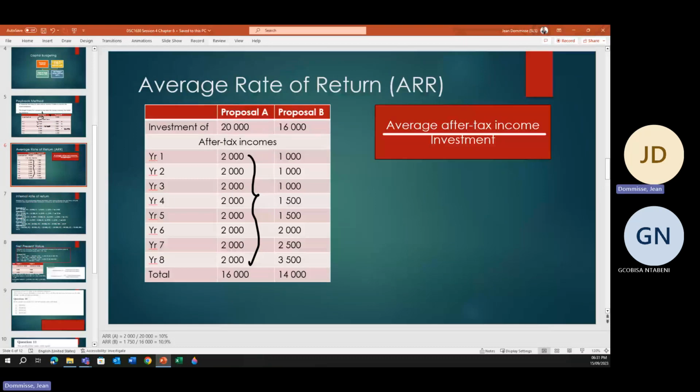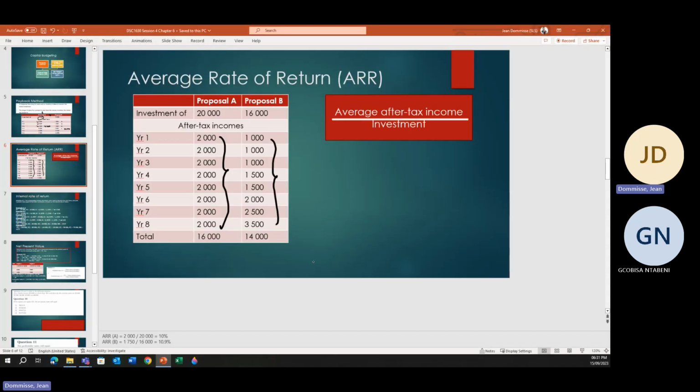And again, we will look at both proposals and then we will need to make a decision from the proposals which one we would go for.